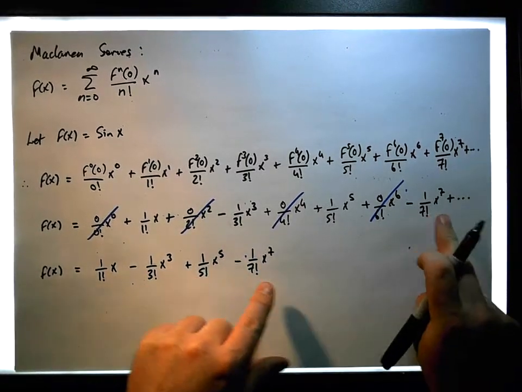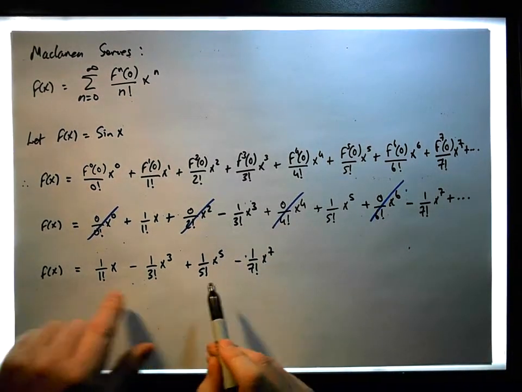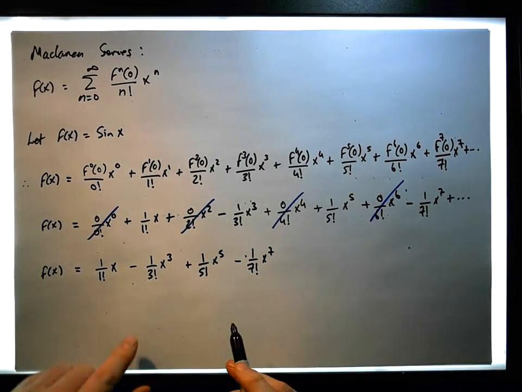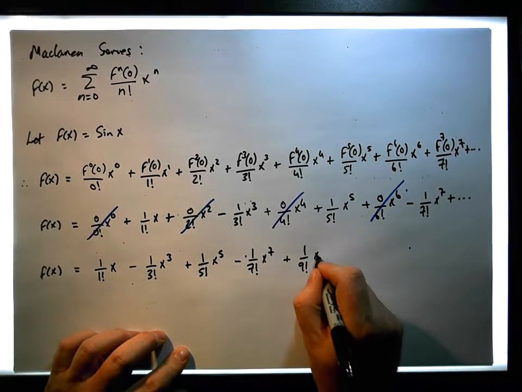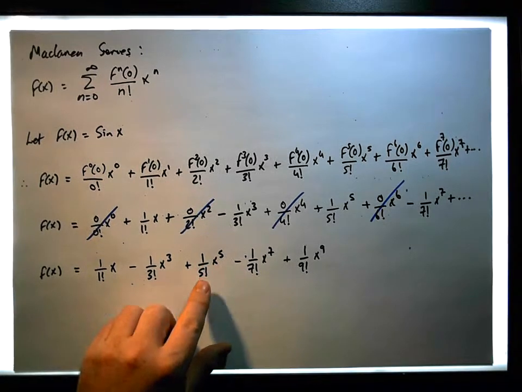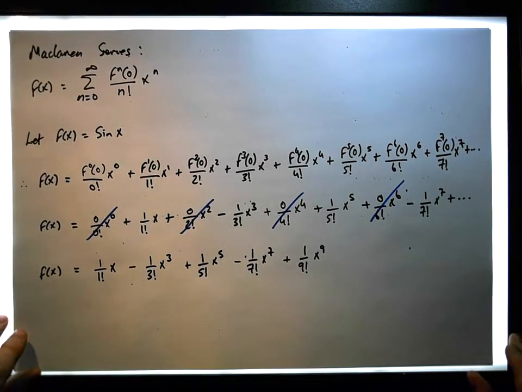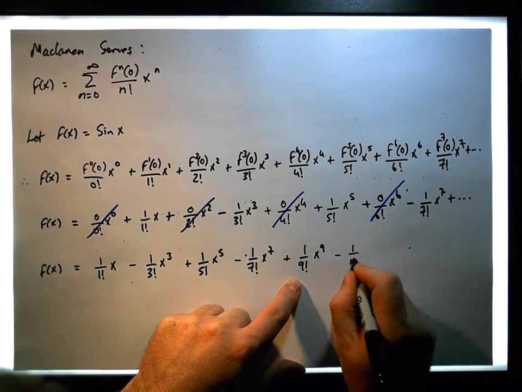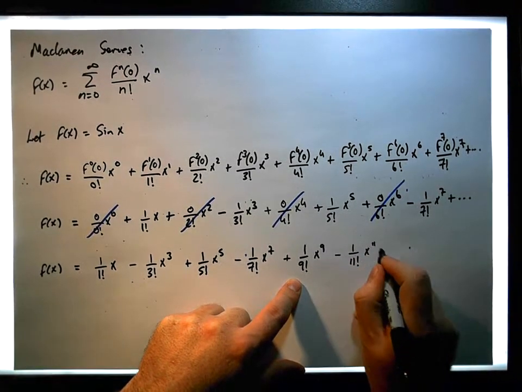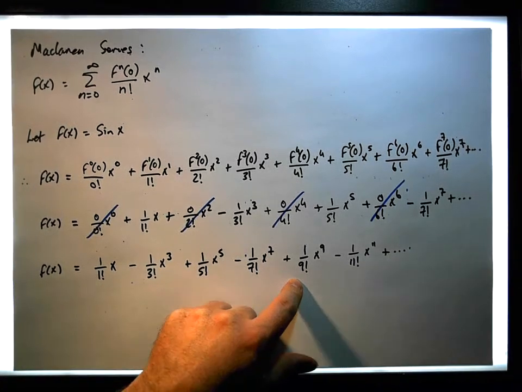And you can see the pattern. You can see actually what we have: 1, 3, 5, 7, and the next one's going to be 9, but it's going to be a plus. So it's going to be plus 1 over 9 factorial times x to the 9, because the exponent is the same as the input to the factorial, okay, minus 1 over 11 factorial times x to the 11, plus, and so on, all the way out to infinity.